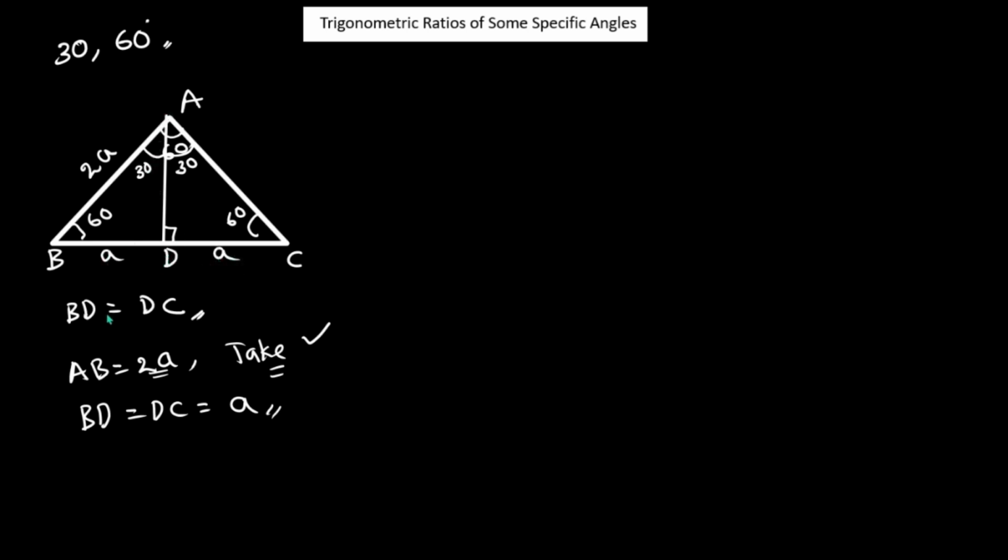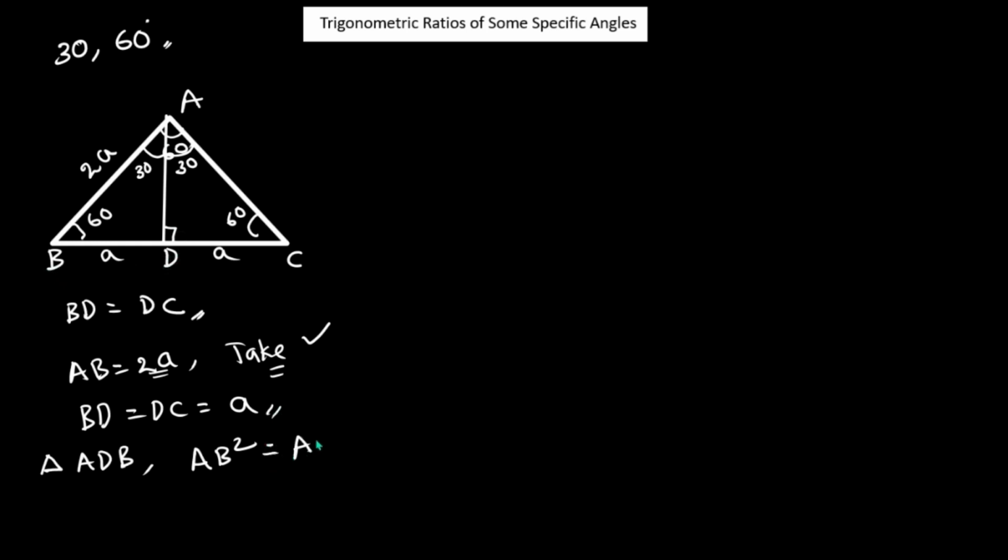So now let's find AD. How do we find AD? Let's take the triangle ADB. This is a right angle triangle, and if you use the Pythagoras theorem, hypotenuse square, that is AB square, equals AD square plus BD square.